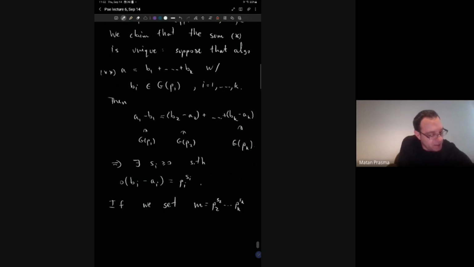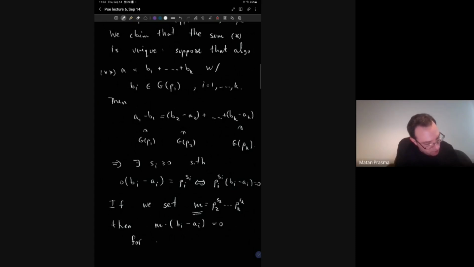What does it mean that the order of BI minus AI is PI to the SI? It means that PI to the SI times BI minus AI is equal to 0. And for this choice of M, I get that M times BI minus AI is equal to 0 for every I between 2 and K.